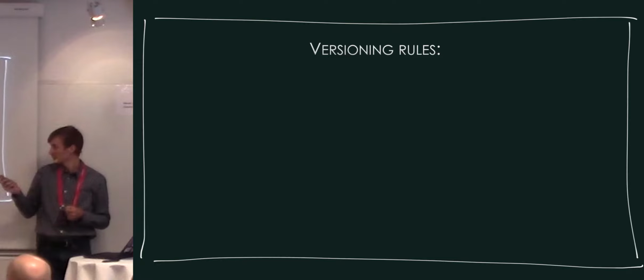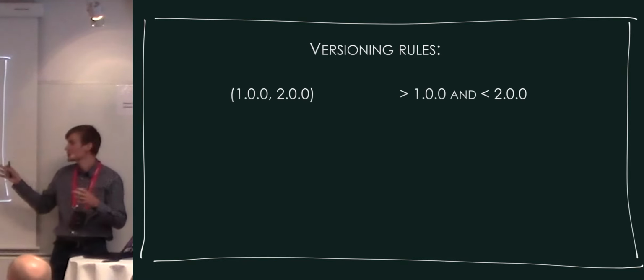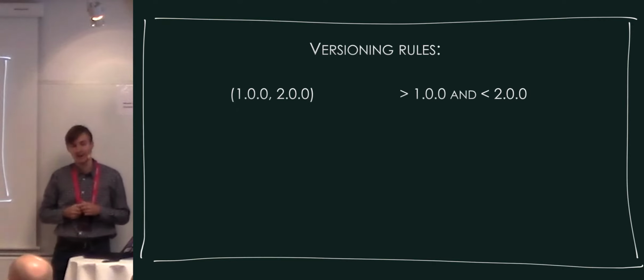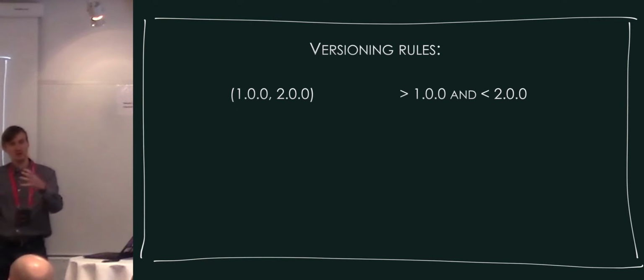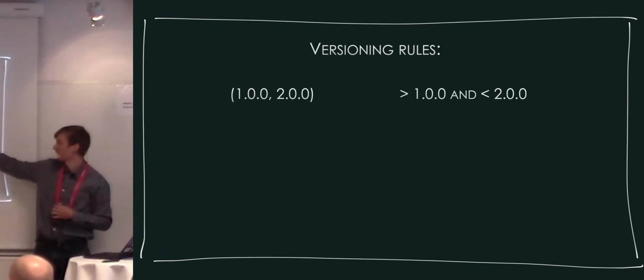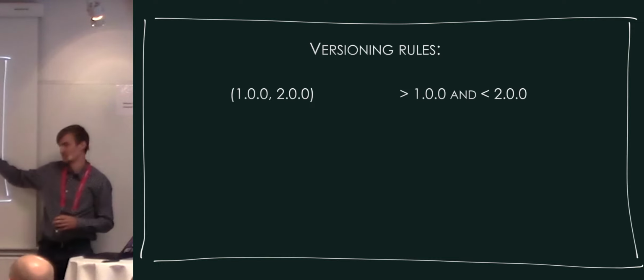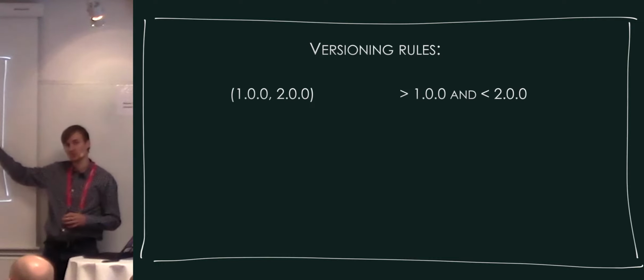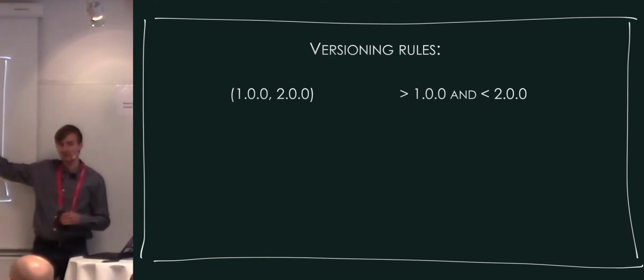And talking about versioning rules, or how you can specify versions in package reference, you can start using intervals. It's pretty much like mathematical intervals, and the same rules apply. For example, here we have all the versions of this package from 1.0.0 to 2.0.0, excluding these versions, so excluding the ends of the interval.